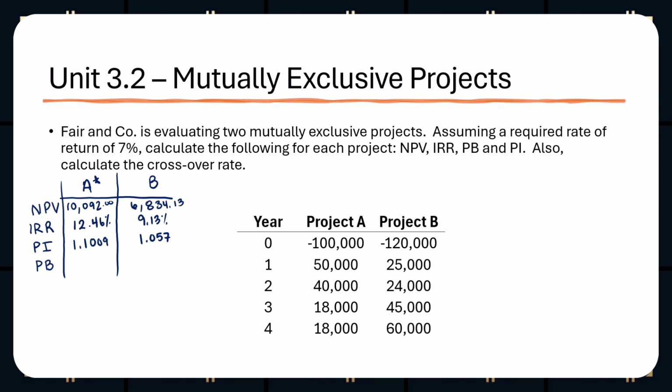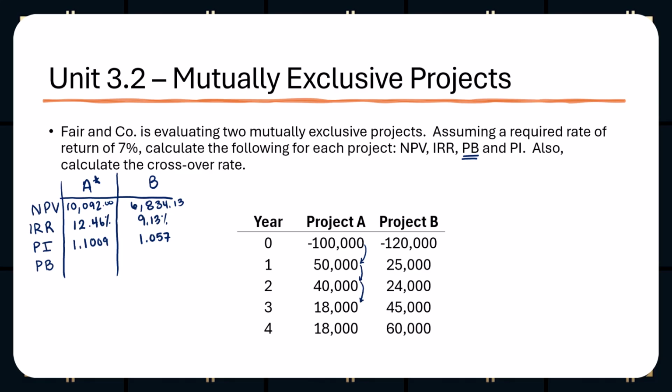We do have one last item to calculate, and that is the payback period. So what we're going to do is do that remaining balance, but I'm not going to draw this on the slide. If you like, you can get out a piece of paper and do this with me. I'm going to take this 100,000, and I'm going to add 50. So I still need to recover 50. I'm then going to add 40. That means I need to recover 10. Well, my next cash flow is bigger than the 10 that I need to recover.